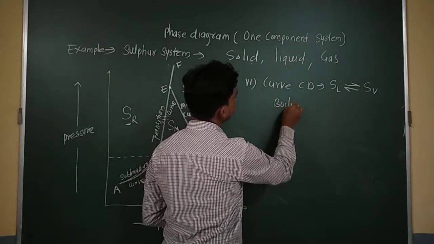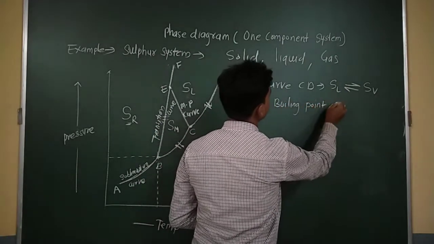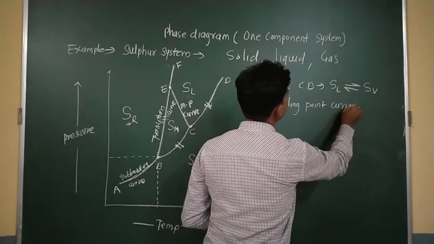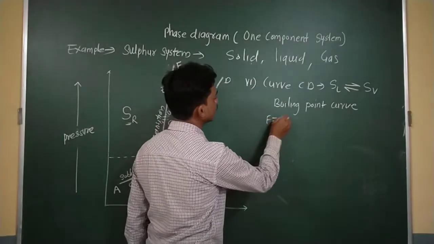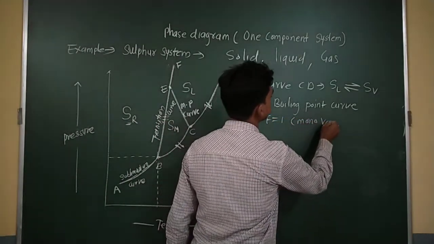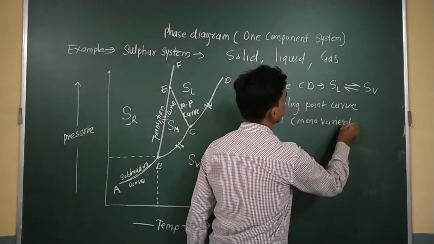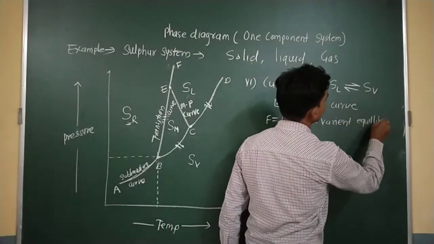You have to write all these things, and here also F is equal to 1. That means this is also monovariant equilibrium.